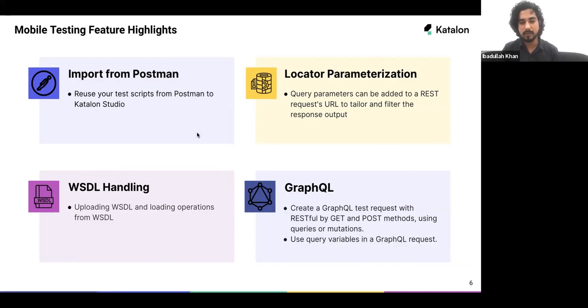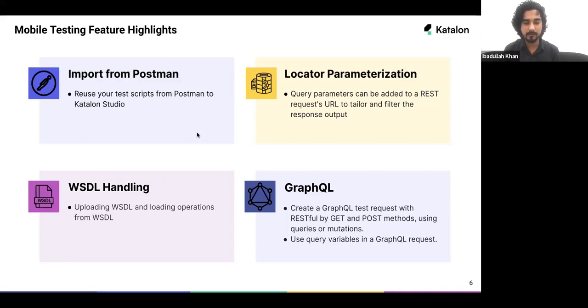And then we saw how we can handle the WSDL. We saw how Katalon Studio automatically reads the WSDL, analyzes it, and generates the operations for us. It also generates the sample request for us, just like any other tool.